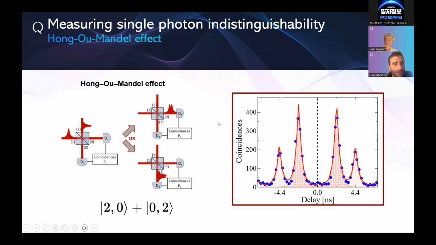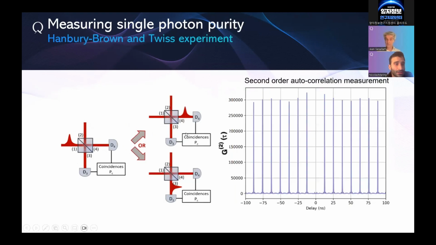It tells you how well the photons overlap each other in every degree of freedom, be it the wavelength, the time, or the spatial overlap as well. So this tells you how well you can interfere them.